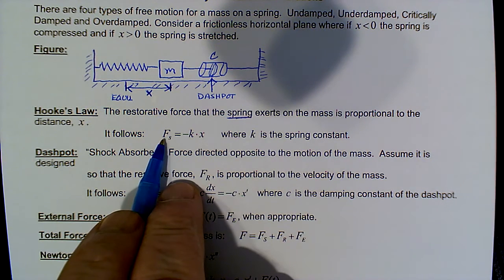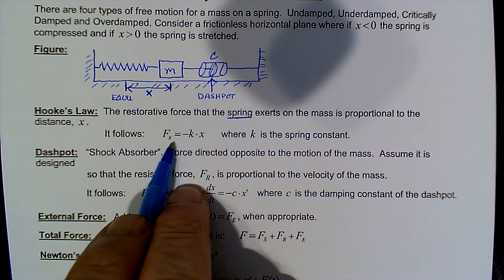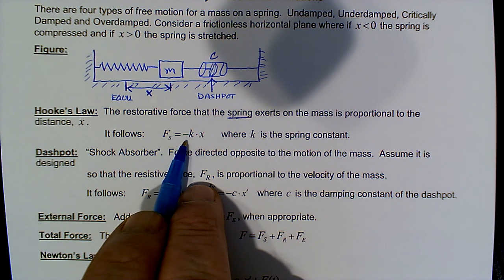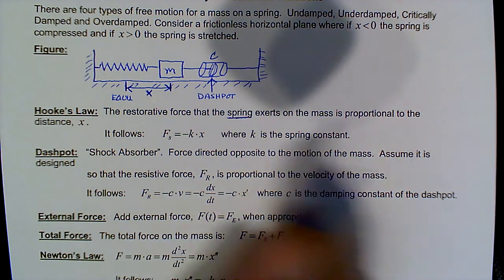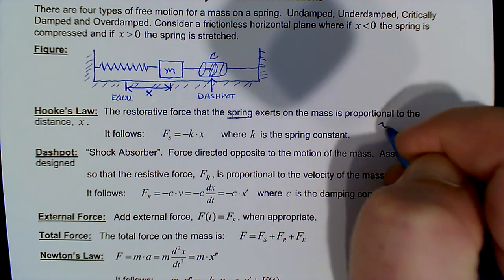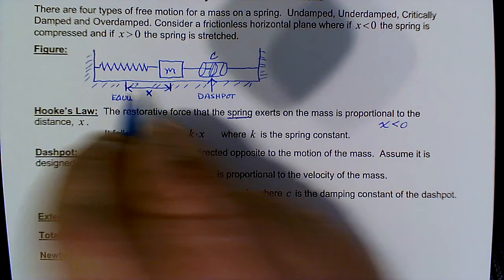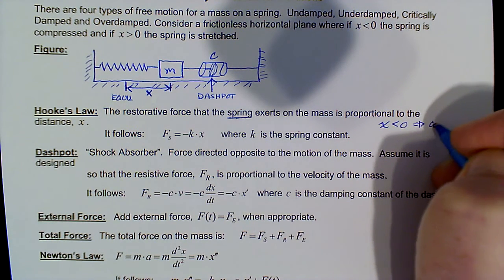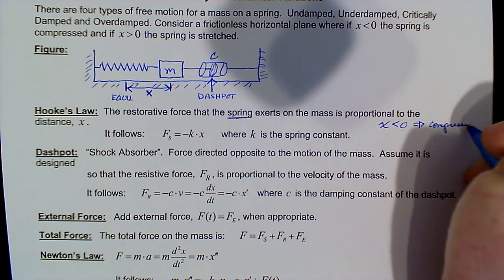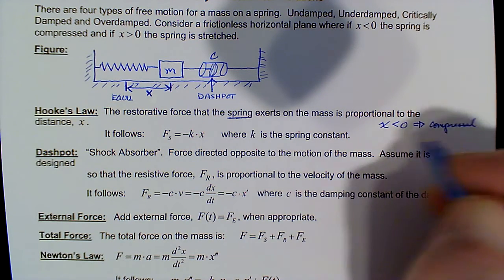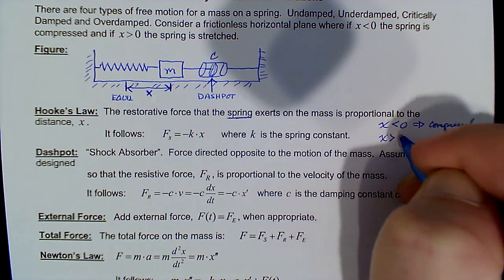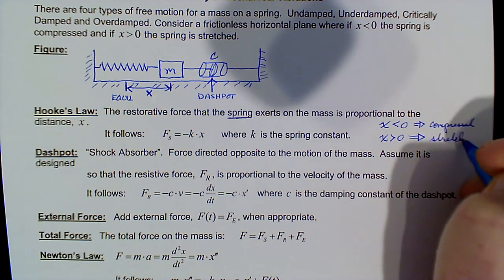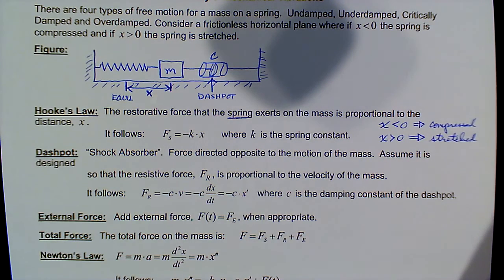So we'll say F for force, S for spring is proportional to, okay, we're going to say negative kx, because if x is less than 0, so if x is negative, then the spring is compressed, and if x is greater than 0, then the spring is stretched.